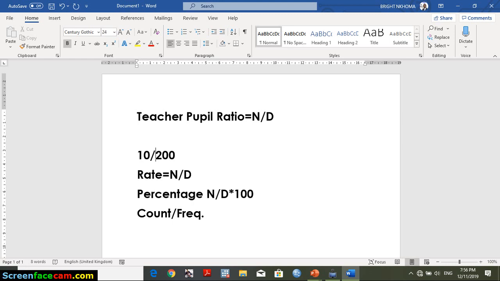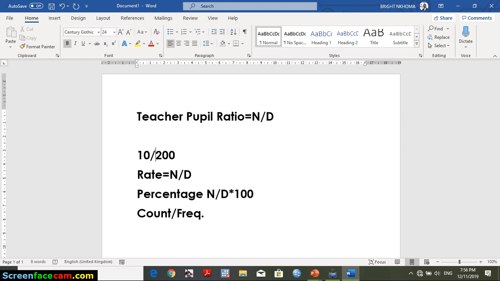So what that means is that per one teacher you are having 20 pupils. For every single teacher, you have 200 pupils, not 200 pupils, 20 pupils. Then let's try to increase the 200 there and put a 2,000. Then we are going to have what?